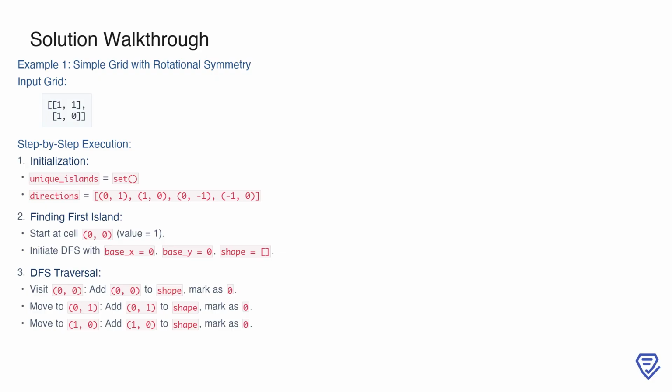Then, we move to the adjacent cell, 0, 1, at its relative position, and mark it as visited. Next, we move to 1, 0, do the same, and mark it as visited. At this point, there are no more valid moves, and the DFS completes, capturing the island's raw shape as 0, 0, 0, 1, 1, 0.